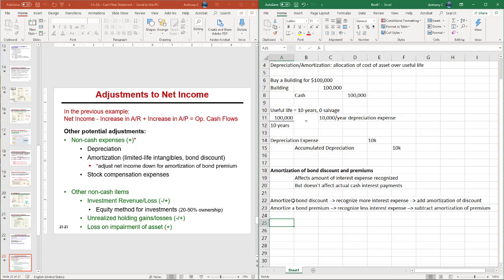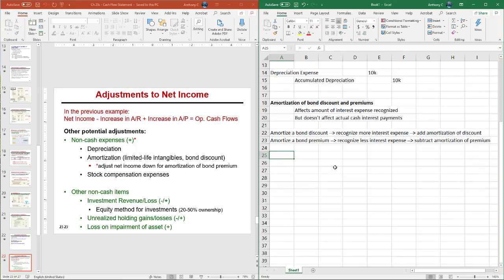Another way to see this is if we just look at the journal entries for amortization. So if you remember, on any interest payment date, we end up amortizing some of the discount or the premium. So if we had a premium, we ended up debiting interest expense.